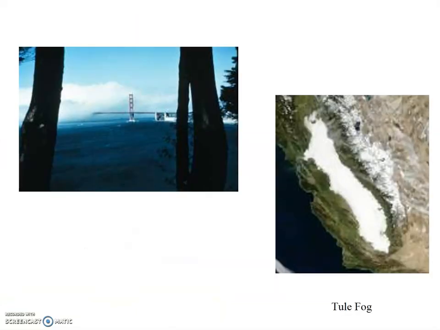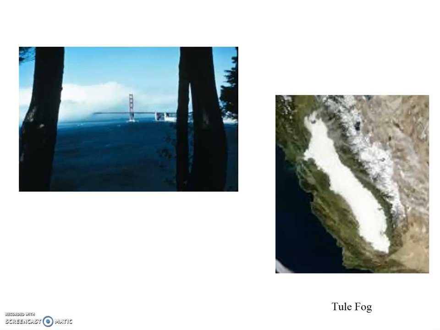Let's look at a couple of California examples. California's Central Valley is well known for the Tule fog, this picture on the right. This white here is showing the whole Central Valley all fogged in. This famous Tule fog is a radiation fog that creates dangerous road conditions at night and early morning in the winter time.